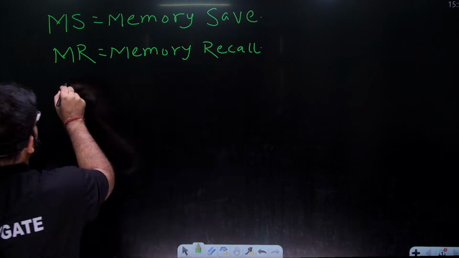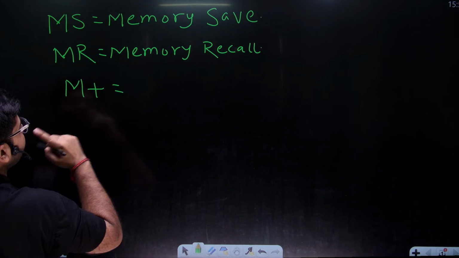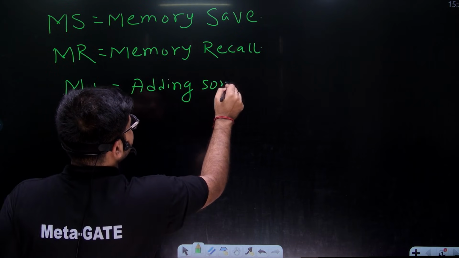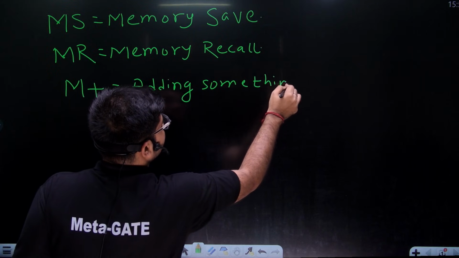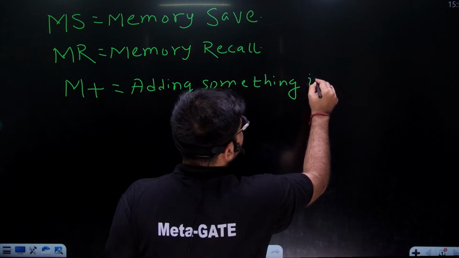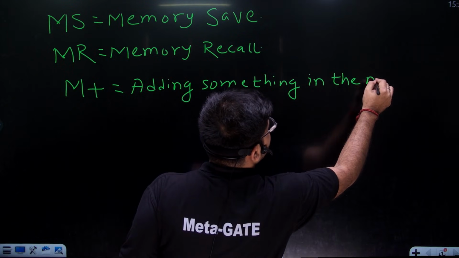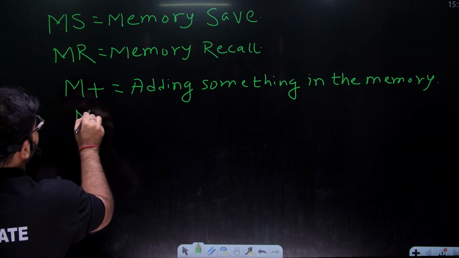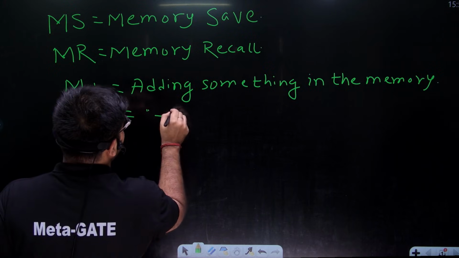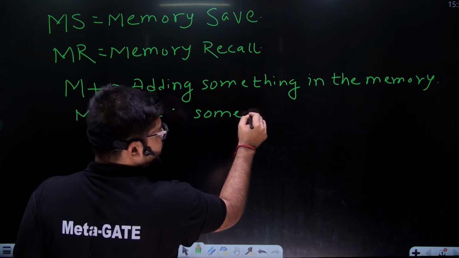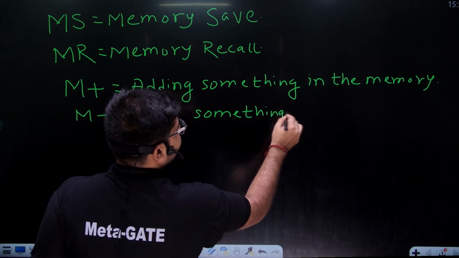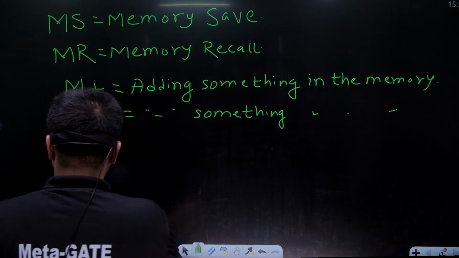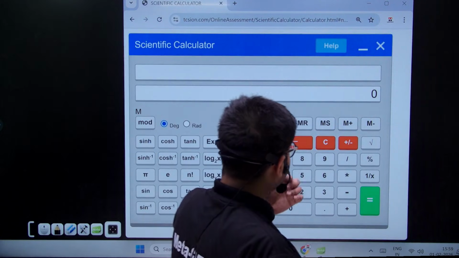M plus is when you are adding something in the memory. And m minus is when you are subtracting something from the memory. So this we will see the application now.